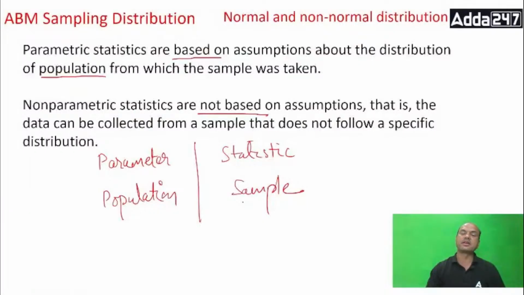Non-parametric statistics are not based on assumptions. That is, the data can be collected from a sample that does not follow a specific distribution. So parametric will be population, non-parametric, or you can call it statistical, will be based on sample.